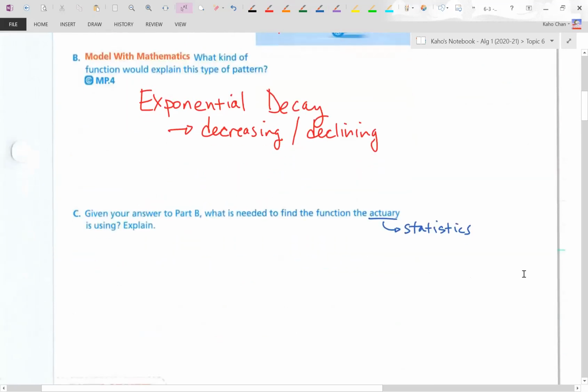Well, we would need to know how much the car costs. Year 0 is the most important part. That's called the initial value. Initial means the starting value.